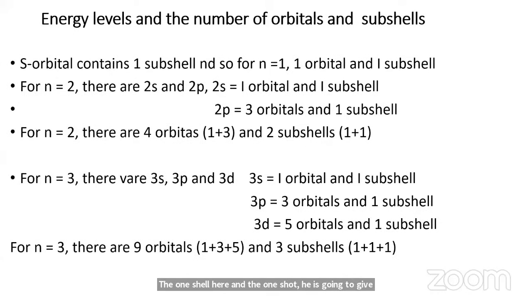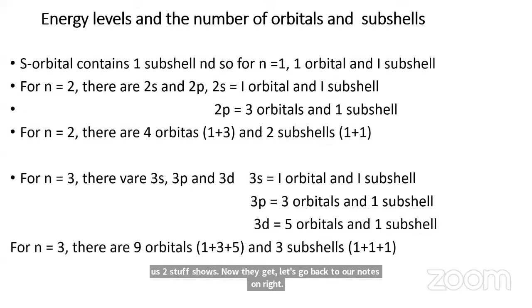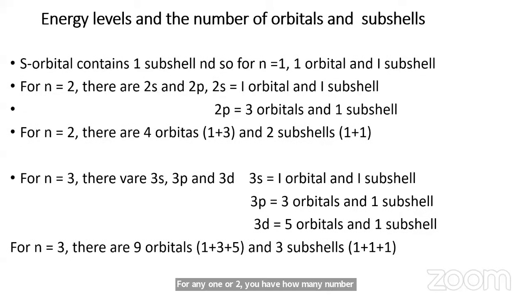Now again, let's go back to our notes and write. For n equal to 2, you have how many subshells? You have 2 subshells. And now we are going to include in our table the number of orbitals.